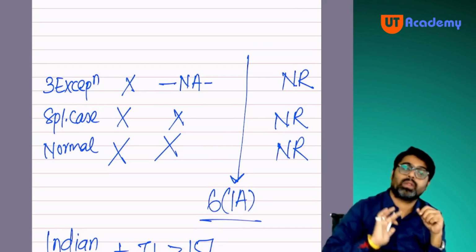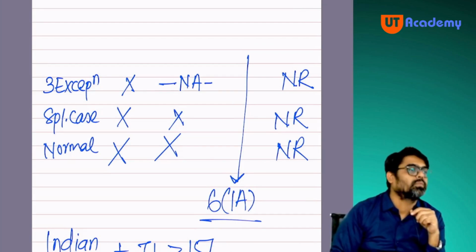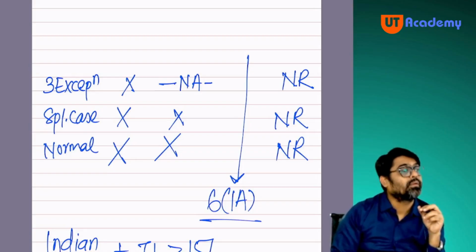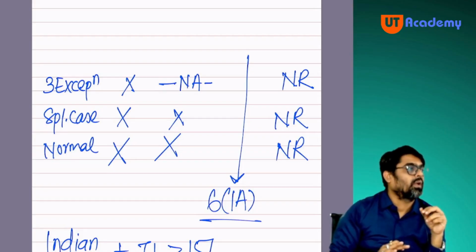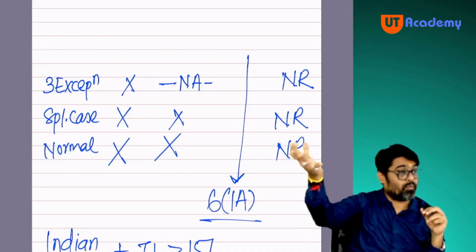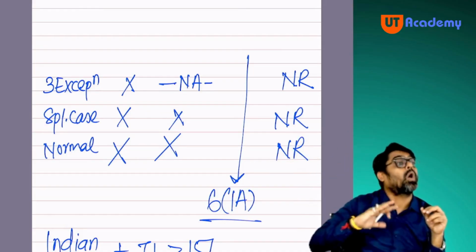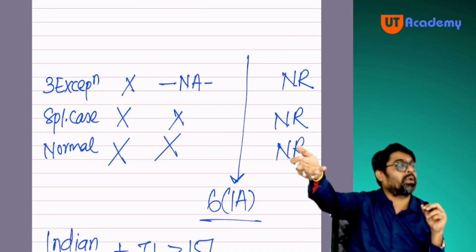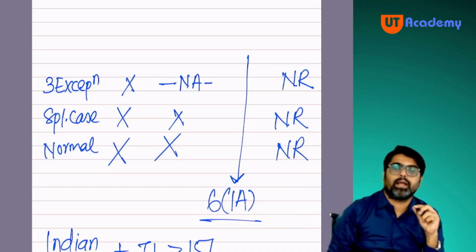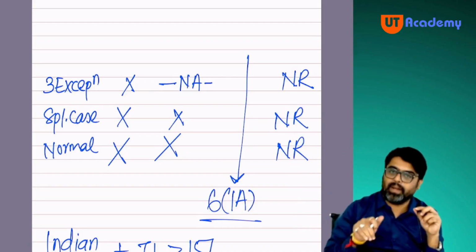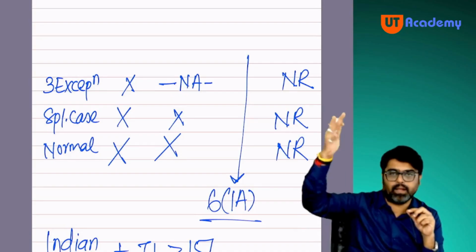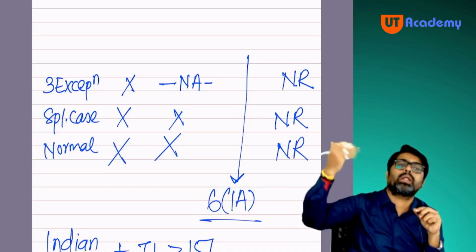Is your total income more than 15 lakhs? And in the foreign country also, from where you are earning your foreign income, on that foreign income, in that foreign country also, you are not liable to pay tax. Are you liable to pay tax on your foreign income in the foreign country? No. Why are you not liable to pay tax there?